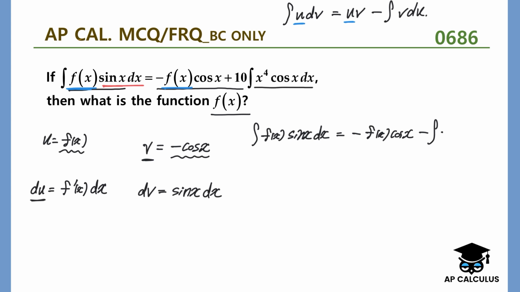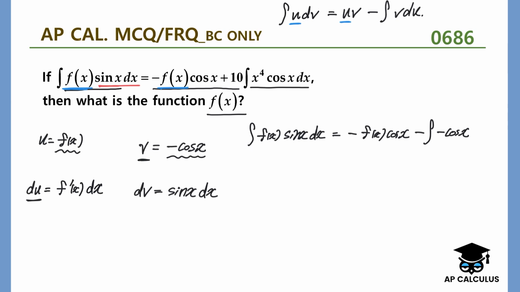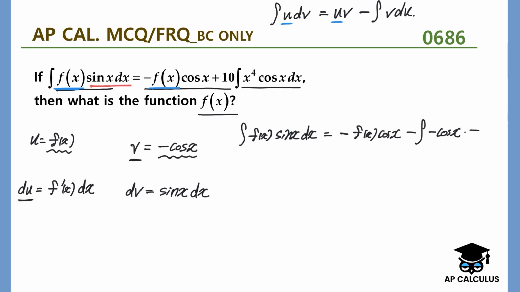So negative cosine x times f prime x dx. Let's simplify this. That is equal to negative f of x cosine x, negative times negative, that's a positive integral. Let's write f prime first: f prime x cosine x dx, right?